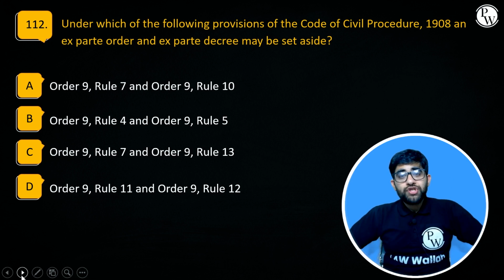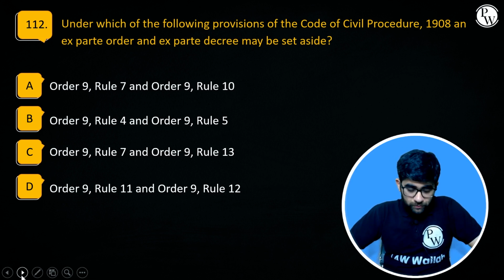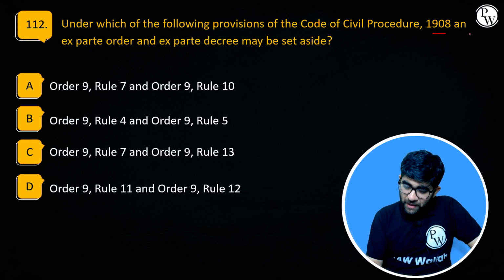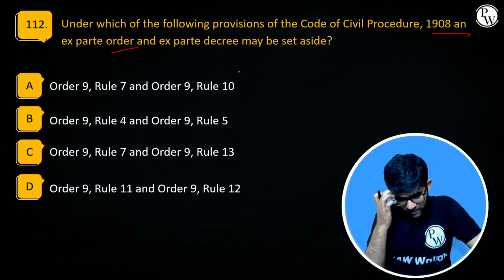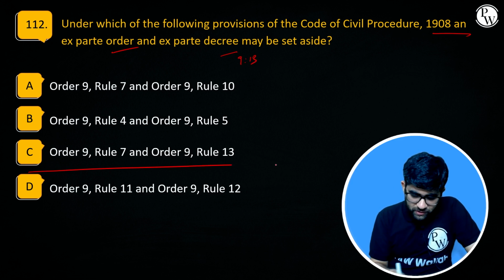Next, under which of the following provisions of the Code of Civil Procedure 1908 may an ex parte order and ex parte decree be set aside? Ex parte decree is Order 9 Rule 13 for sure. So you can see this.